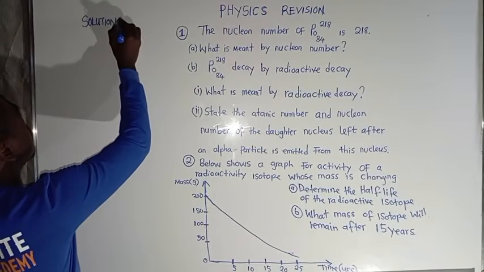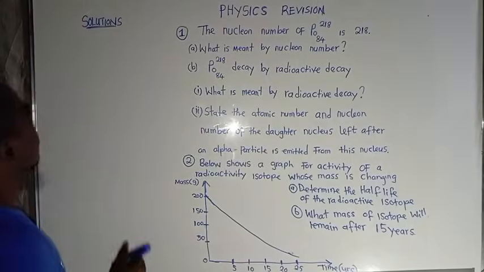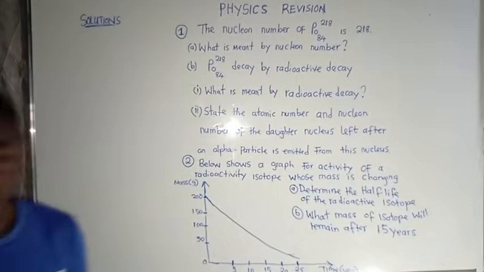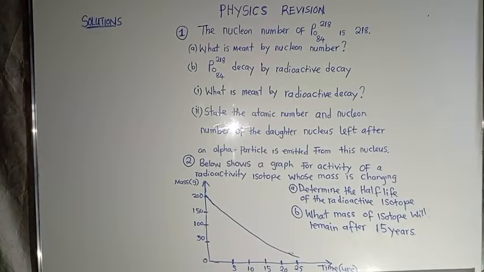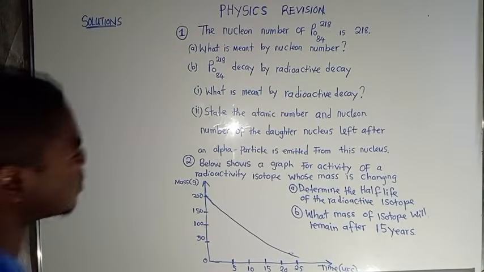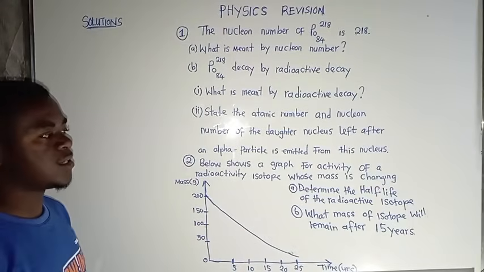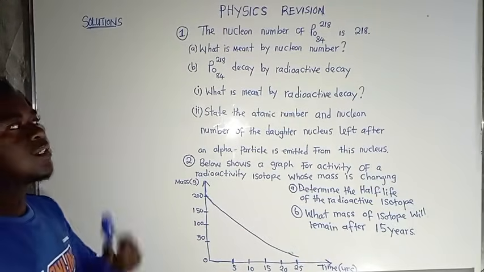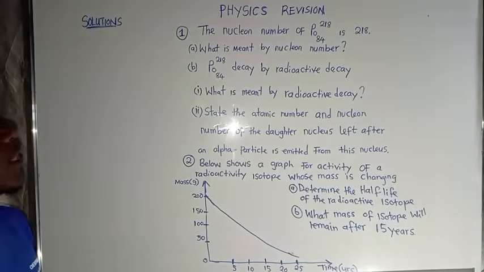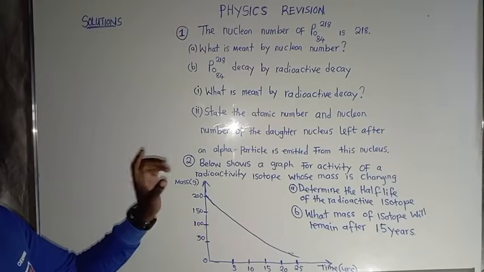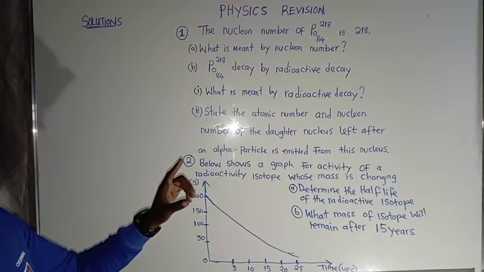So, since these questions are falling under radioactivity, there is something important that you need to understand. You need to know what radioactivity is. The question is saying the nucleon number of that particular element is 218.